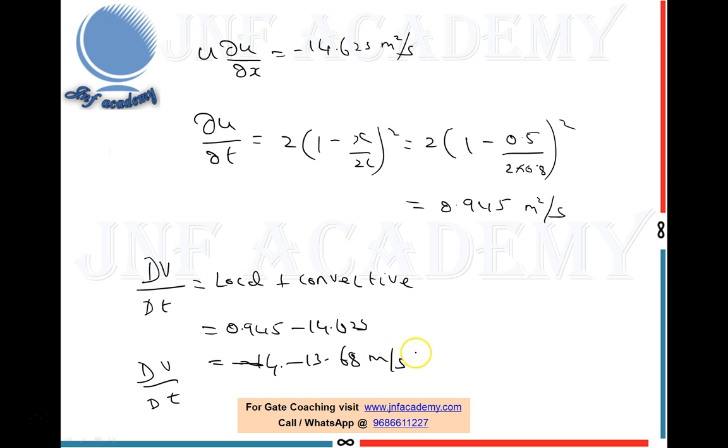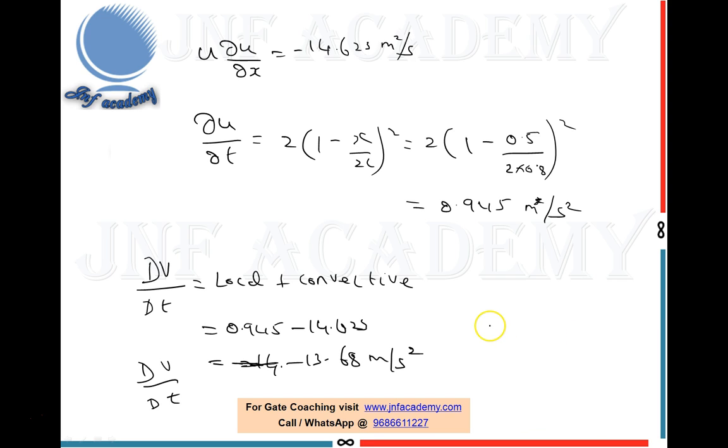Sorry, the unit is meter per second square. Which means the flow is decelerating because there is a minus symbol. So the acceleration is minus 13.68 meter per second square.